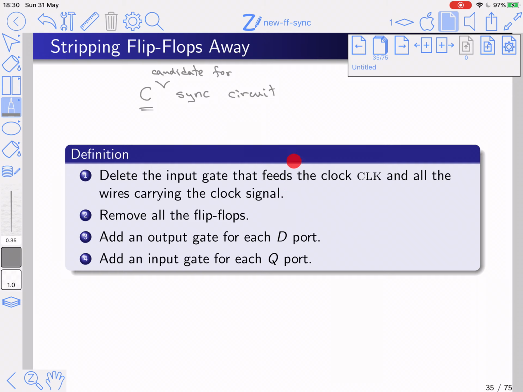So in effect, you erase the clock network. You remove all the flip-flops, and you replace every D port with an output gate and every Q port with an input gate. Let's see an example.